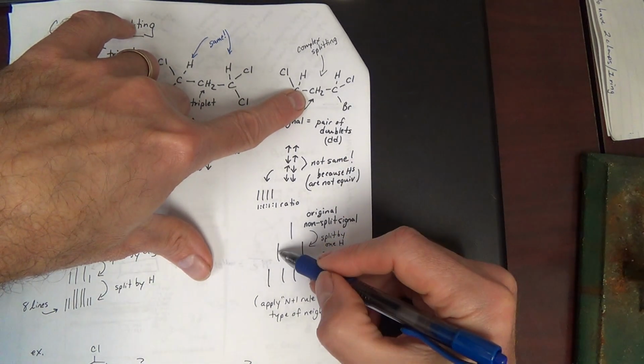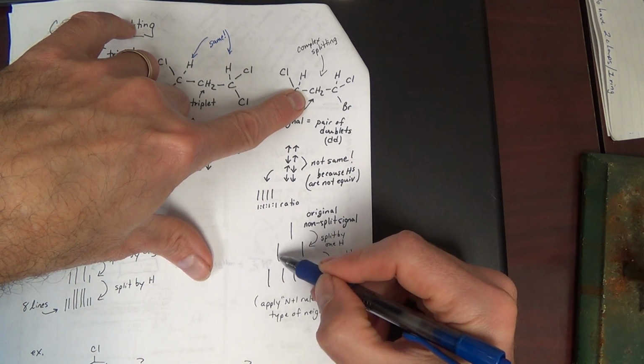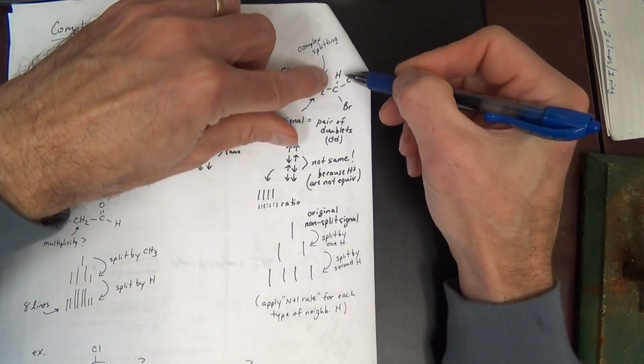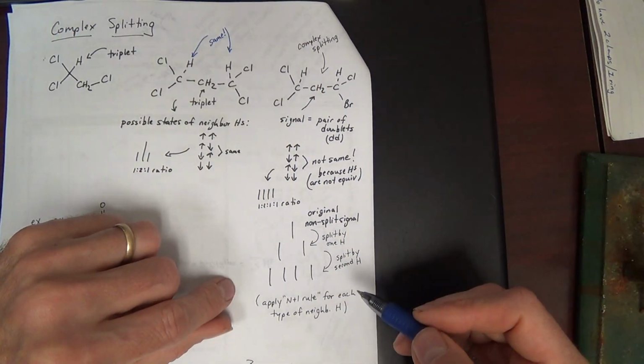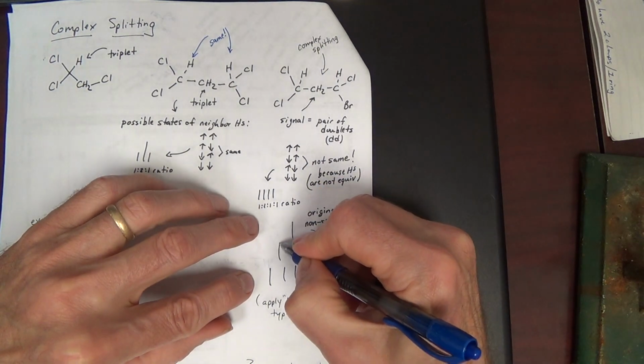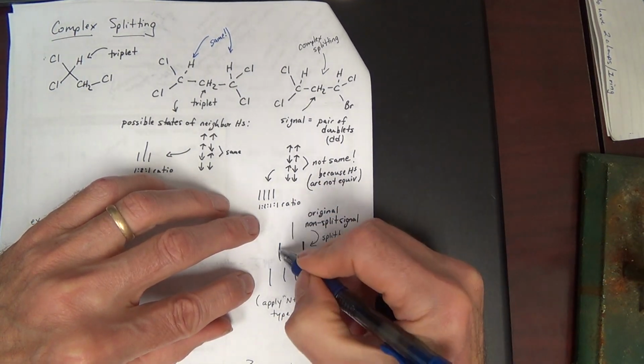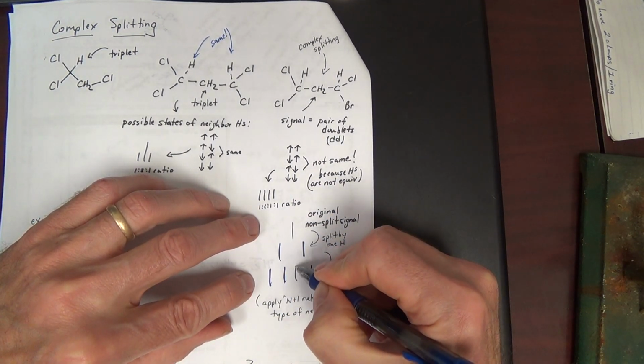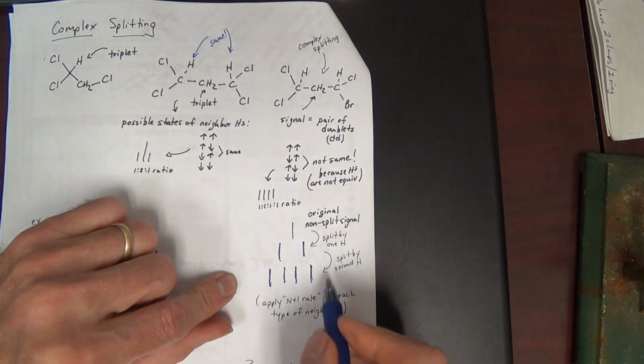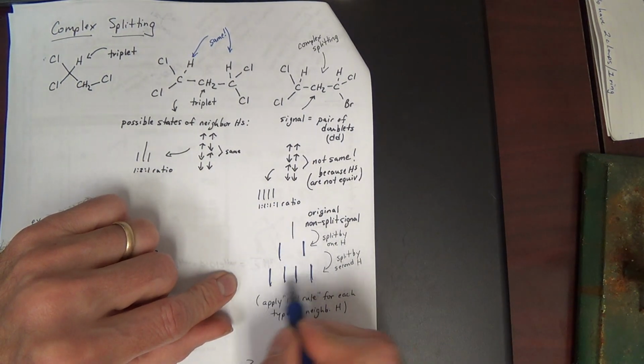Then, each of these theoretical lines is split into a doublet by the other H. So this line becomes a doublet, and this line becomes a doublet, and this one becomes a doublet. That's another way of looking at how you get 4 lines.